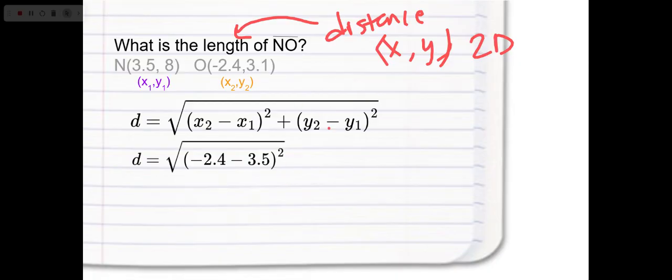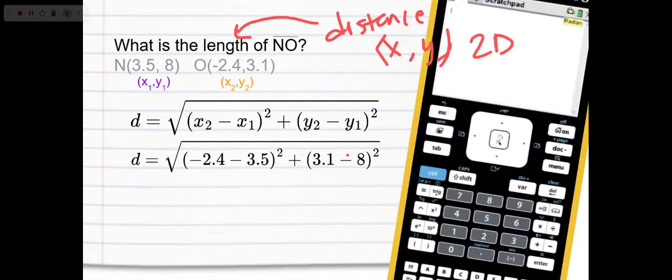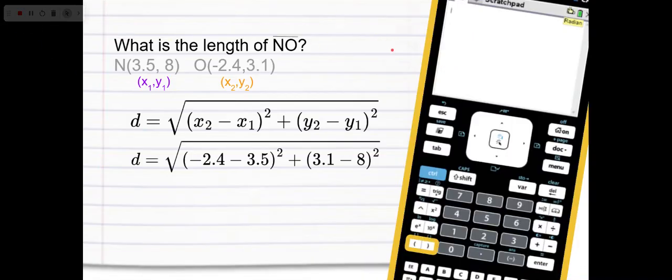Okay, now I'm going to do the y values. 3.1 minus 8 squared. Okay, so we're going to type in the radicand into the calculator. So the thing underneath the square root, type that into your calculator. Make sure you use parentheses, and you square it, and use your negative.